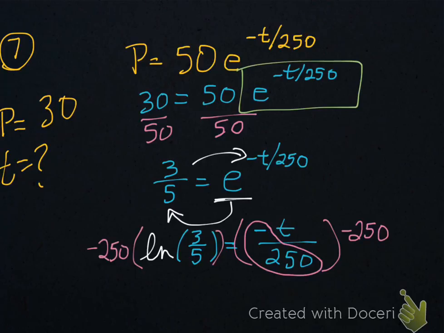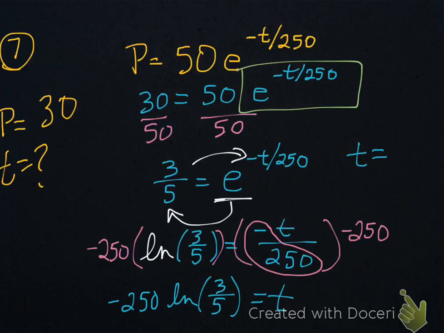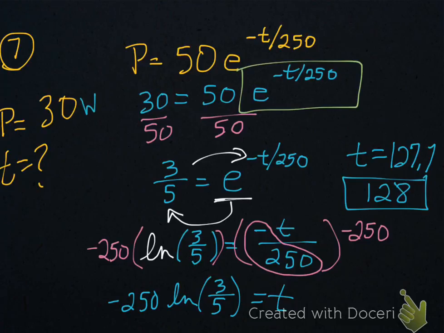Alright? So let me rewrite this just so it's clear. I have negative 250 ln of 3 over 5. That's equal to t. That's what I'm plugging into my calculator. And when I do that, I get t equals 127.7 days. So that means at 128, it's going to be less than 30 watts.